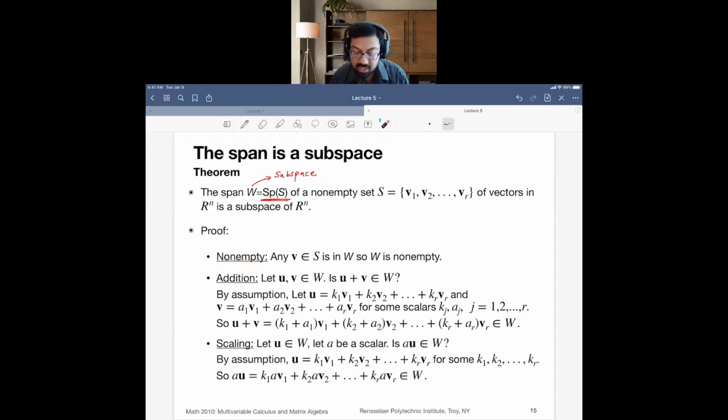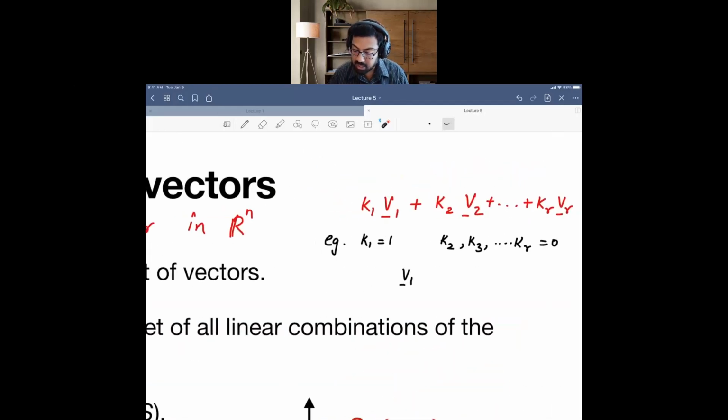Well, clearly it is non-empty. Why? Because any v that belongs to S is in W. So W is non-empty. And we check this, right? So for example, over here, these were my vectors, and I assume that k1, k2, so on up to kr were my scalars that were allowing me to represent this as a linear combination. And if I assume k1 is 1, all the other k's are 0, I have v1 that is going to belong to that subspace.